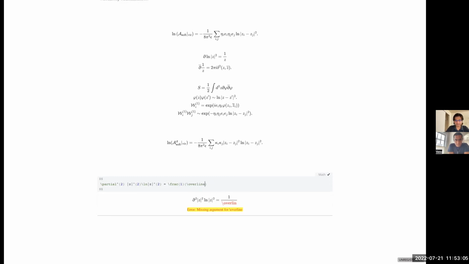Let me check. Yeah. You can fact check me at any point. Which means that once you apply, this last part is not so hard to check. If you apply the Dolbeault operator twice on this, you have, I'll just paste this.